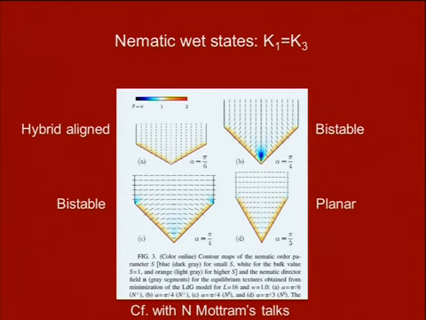These two structures coexist, so it's degenerate because we have K1 equals K3. And so we have these structures, and you can see the colored bits are defects. You cannot avoid defects in this case.